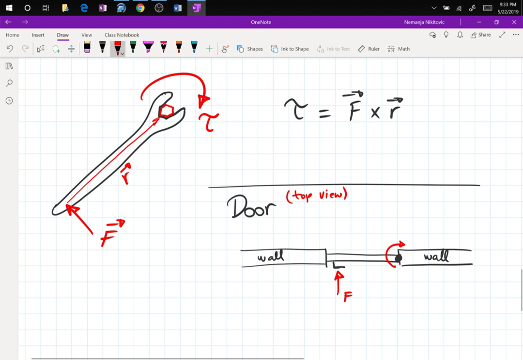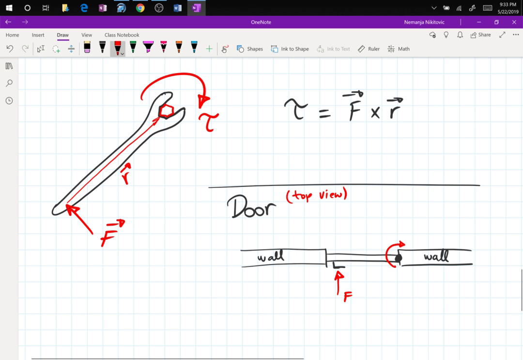How many times have you pushed right here and nothing happened? So why did nothing happen? Well, if you are pushing at the hinge or very close to the hinge, the radius that you are multiplying by is either 0 or near 0, which is why you are not creating the torque to open the door. Make sense? So you always want the handle to be as far, the full length of the door, on the other side.